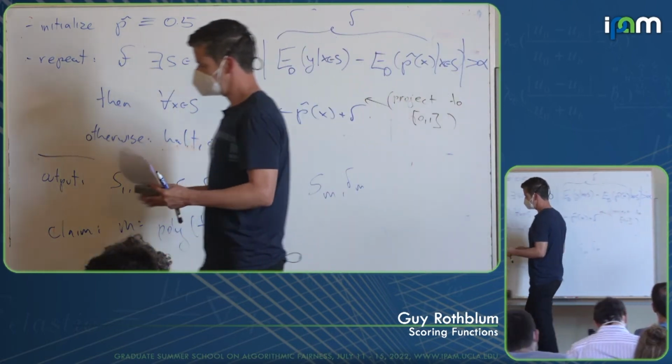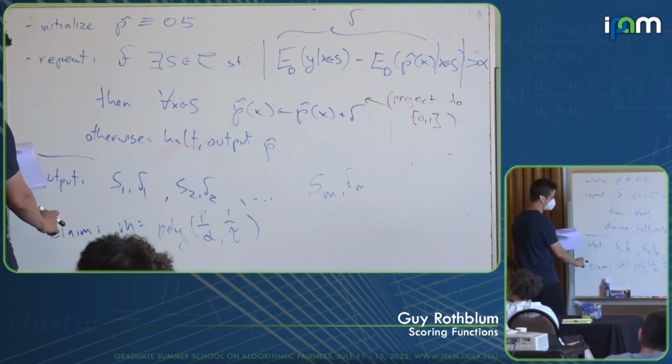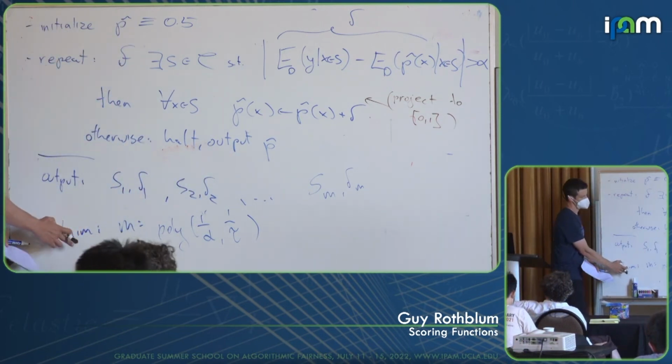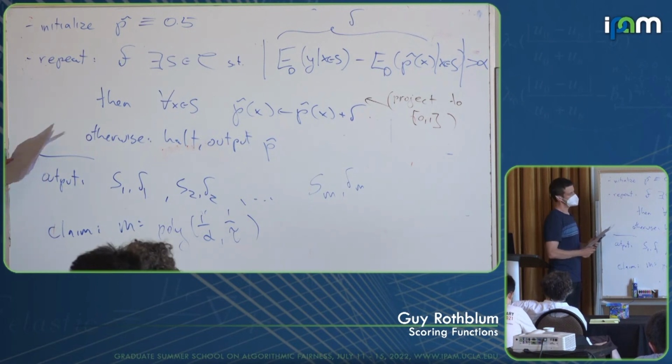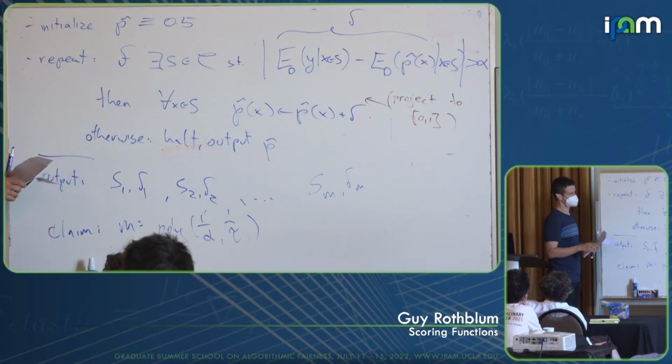Good, so the main thing I want to do in the time we have left is to prove this claim to you, that the number of iterations is small. The way you prove such a statement, there's a popular proof technique which is called a potential argument. So you define some potential function.